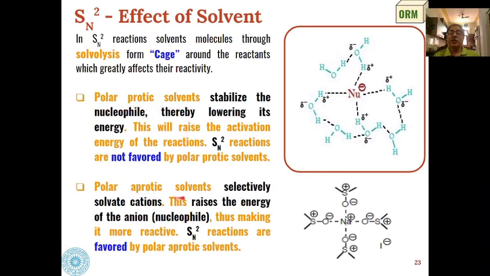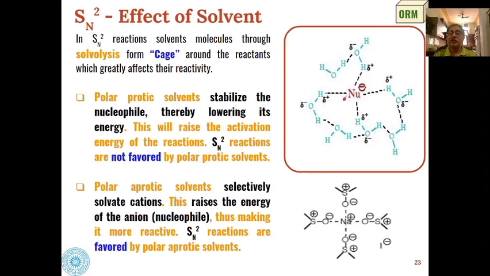Protic solvents stabilize the nucleophile, thereby lowering its energy, and this raises the activation energy of the reaction. When water or alcohol forms a hydrogen bond with the nucleophile, it forms a cage around the nucleophile through hydrogen bonding, and this lowers the energy of the system.